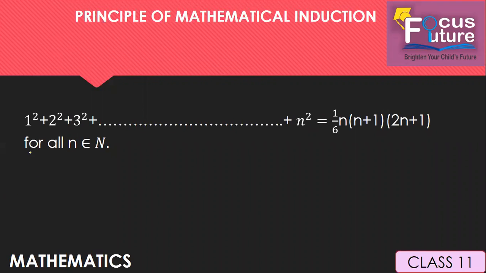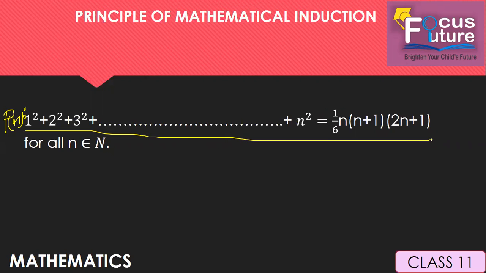Now, another problem is when there are squares. The polynomial Pn is of the form of squares, so this would be your Pn. Now you need to check for n equal to 1.